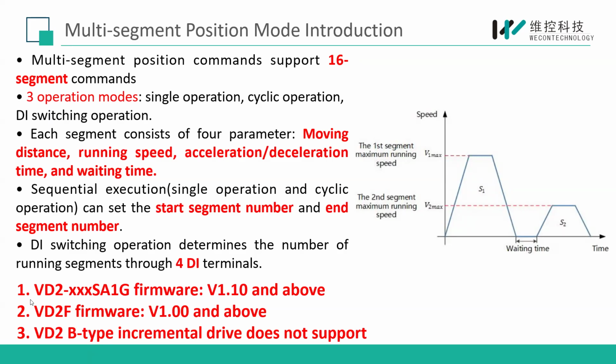First, for VD2 and VD2F, only firmware after V1.10 for VD2 and after V1.00 for VD2F supports internal position control. And the VD2 B-type incremental driver doesn't support this function. Only absolute type drivers support this.